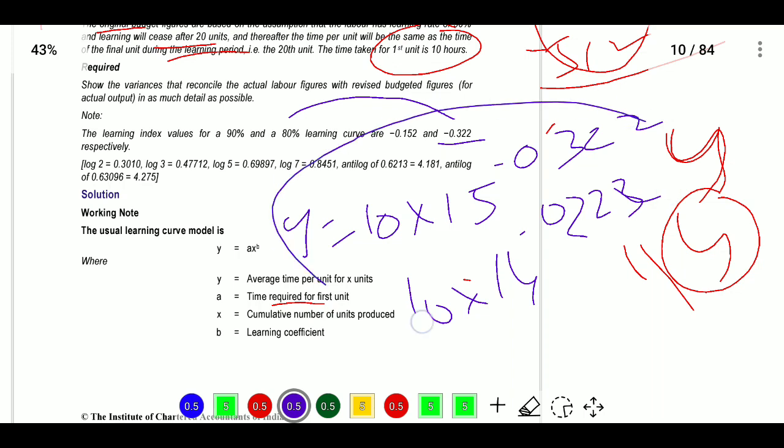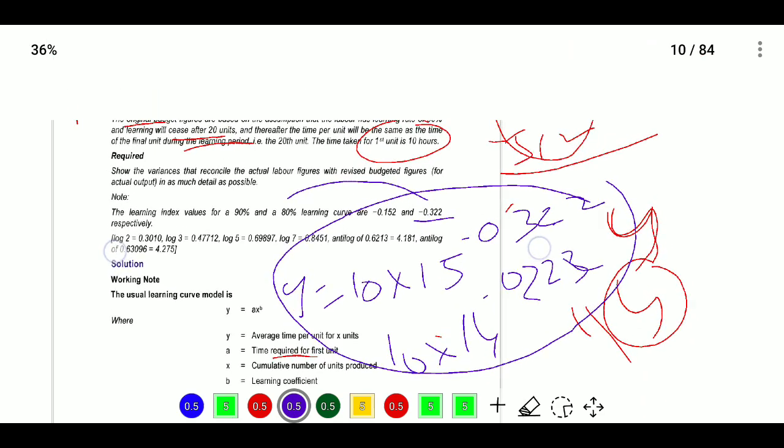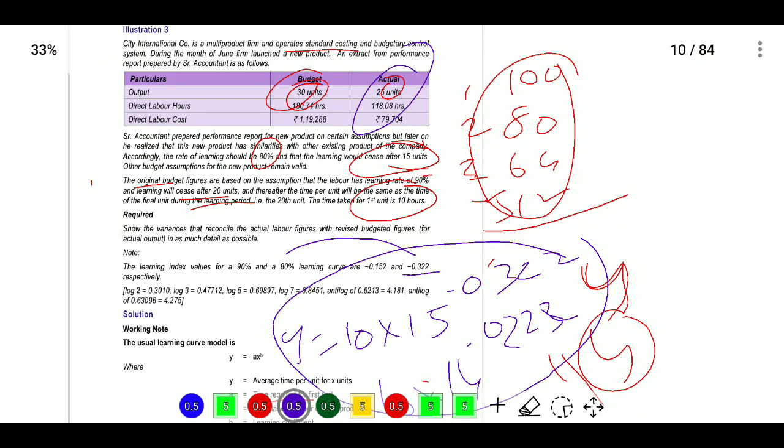So we will calculate both. From 15 we have one time, and up to 14 we have one time. Next, after that, 25 units are required in actuality, so for 25 units, the time taken for the remaining units will be the difference.